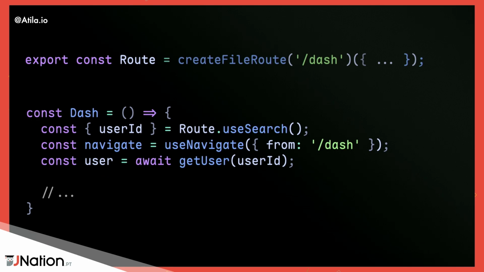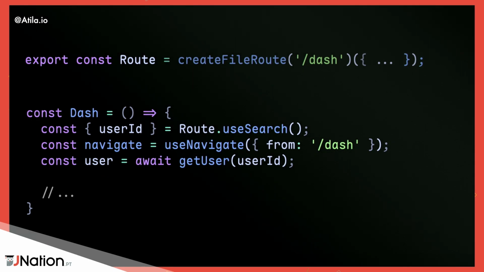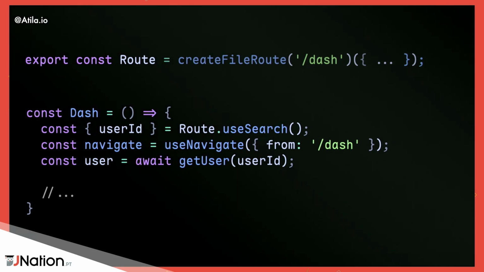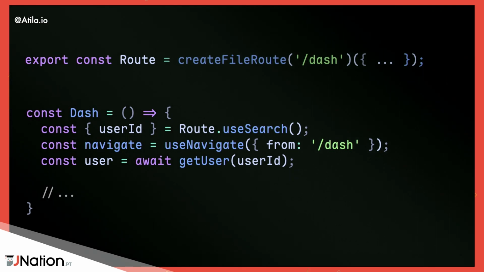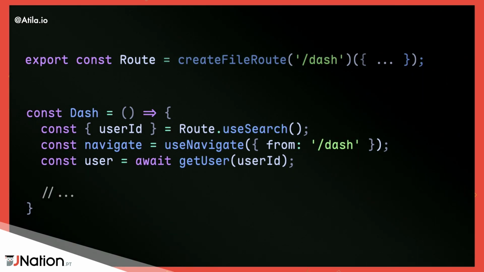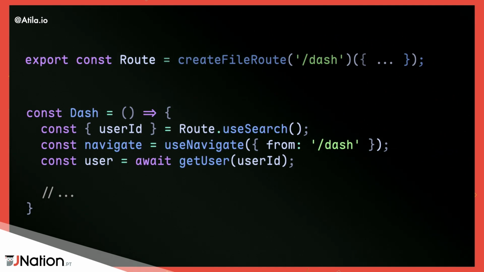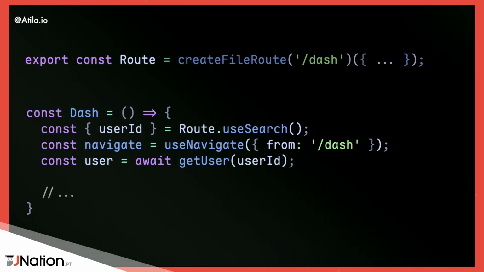So in the end, the way you're going to use it would be like you create the route, like in the previous slide, and then in your component, you're going to use that route you just created, and you're going to bring the search, and that's going to be type safe on runtime.